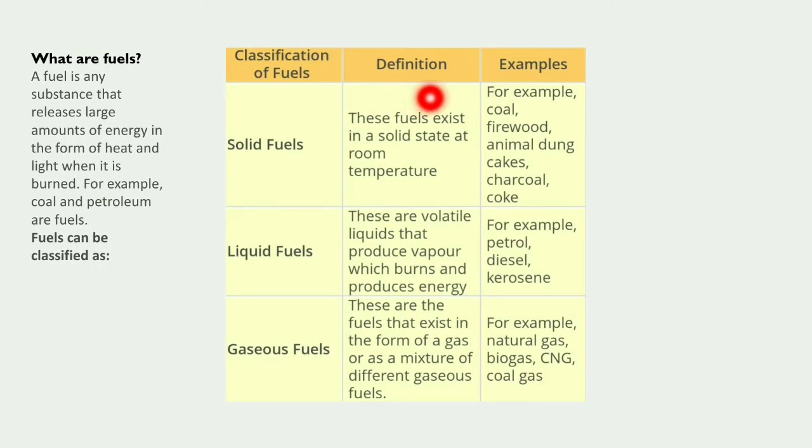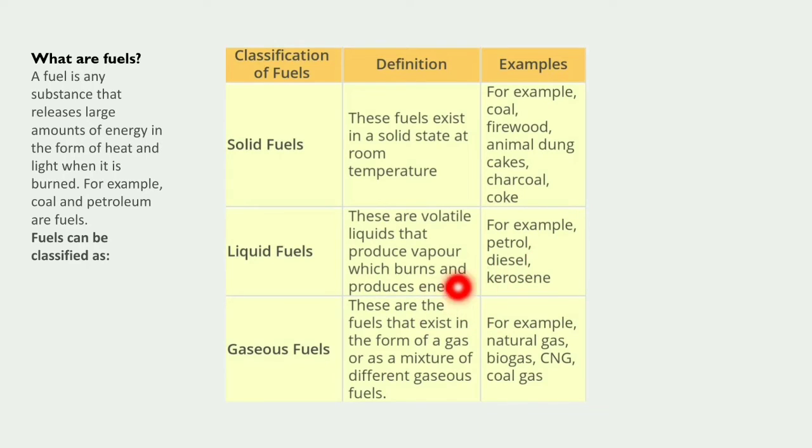Classification of fuels. So there are solid fuels, liquid fuels and gaseous fuels. And the definitions are: solid fuels exist in a solid state at room temperature. For example, coal, firewood, charcoal, coke, etc. And liquid fuels are volatile liquids that produce vapor which burns and produces energy.